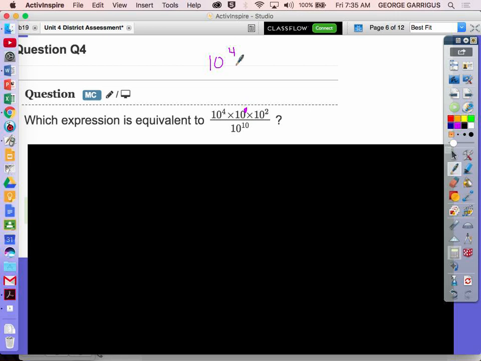10 to the 4th, they're multiplying, so we're going to add all the exponents together. Let's just keep the thing in the denominator for now, make it 2 steps. And now we can go 10, I'm going to add these up. That's 4 plus 1 is 5 plus 2 is 7 over 10 to the 10th. At this point, you could expand it out and cancel 10s, or you can apply the rule a second time.